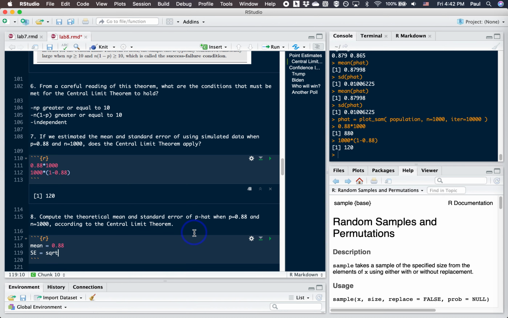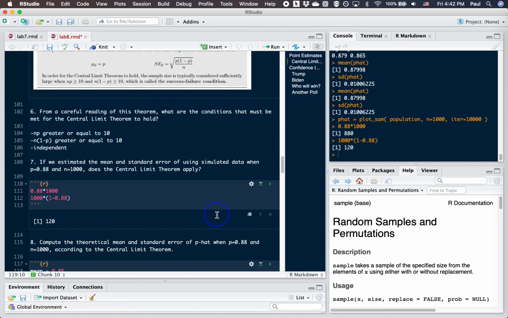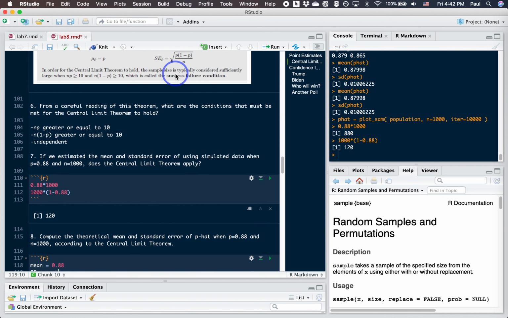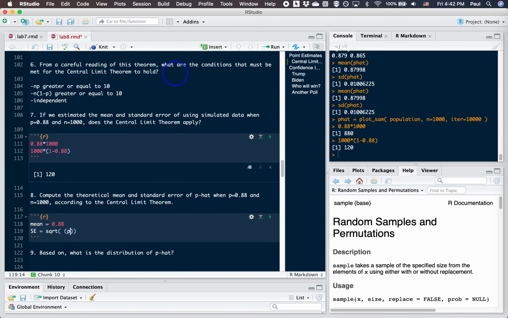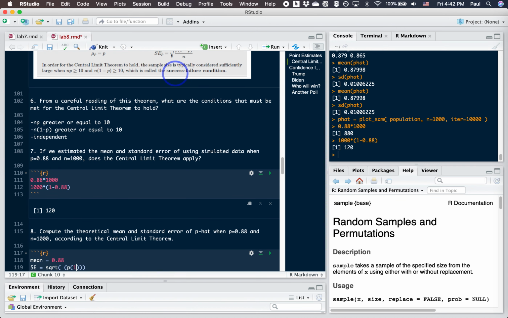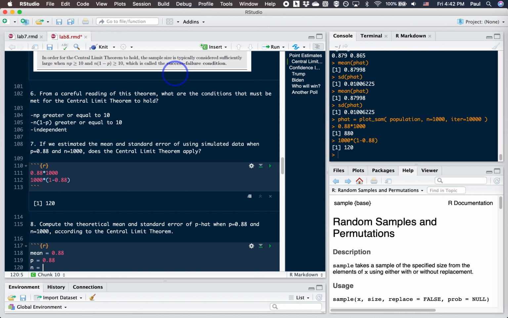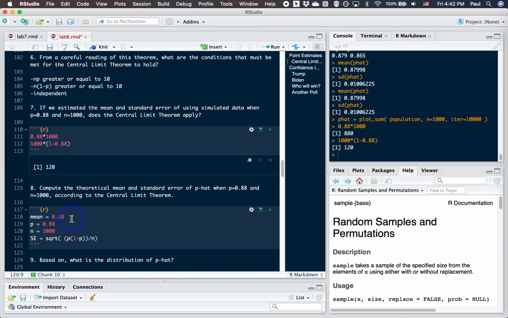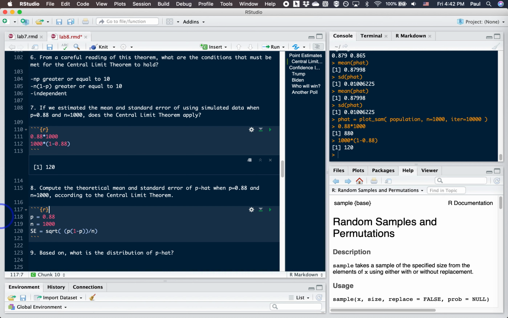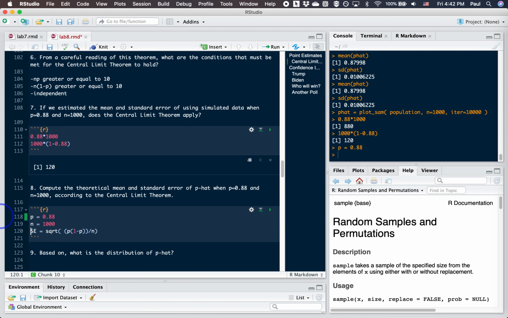You can use the function sqrt to make the square root, and then we put parentheses, and we do p times 1 minus p, and make sure that is all on the top of a fraction divided by n. So p is 0.88 and n is 1,000. We already found the mean. Okay, so if you run this, you get the standard error.